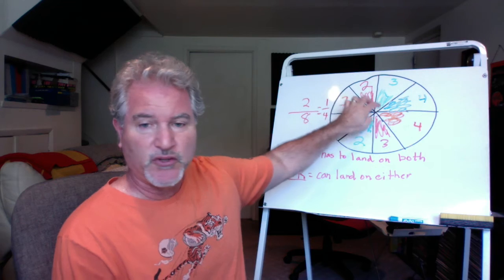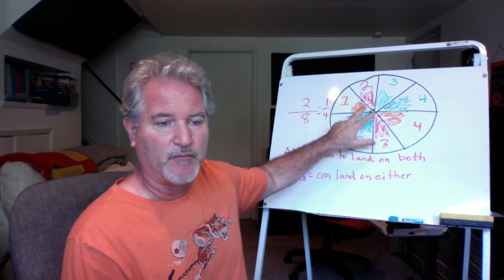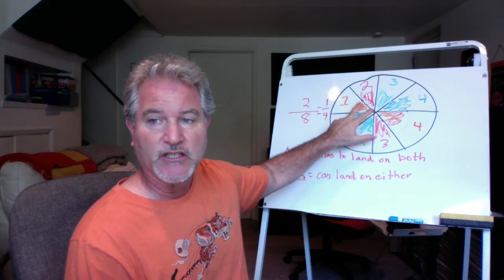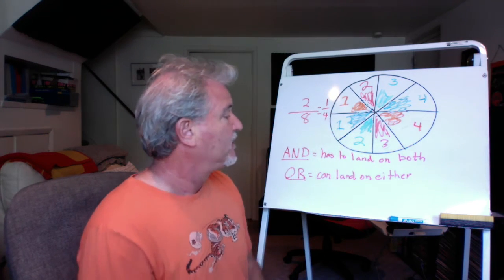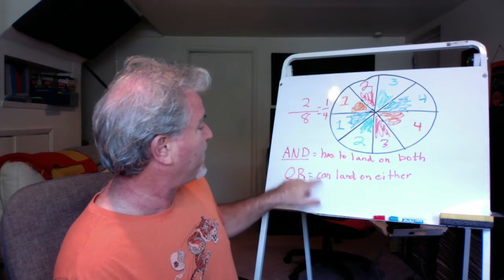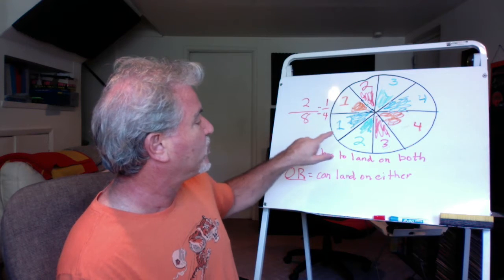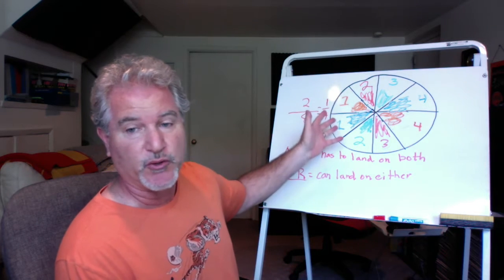So those are the easy ones. That's just straight up if I name a color or name a number. It's going to be 2 out of 8. But now here's the crux of the lesson. What if I say it lands on a green and a 2?